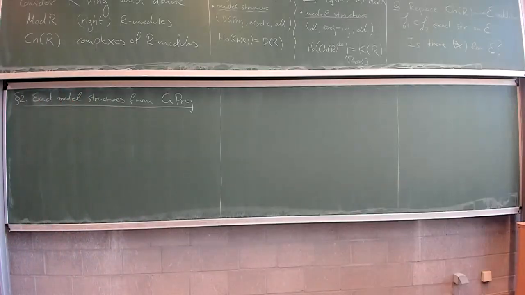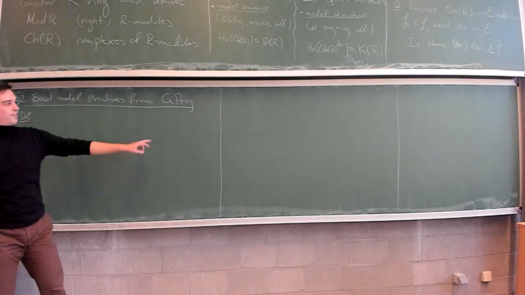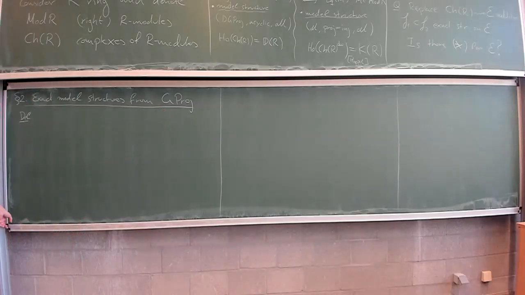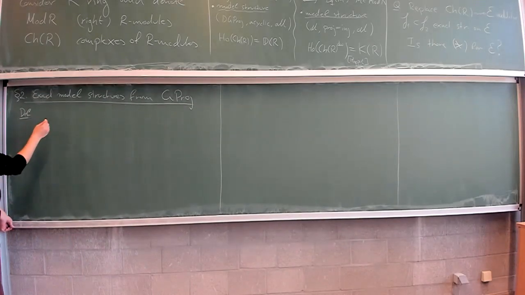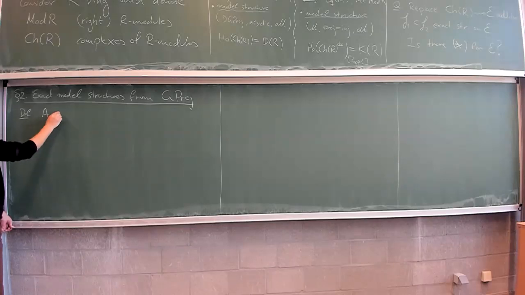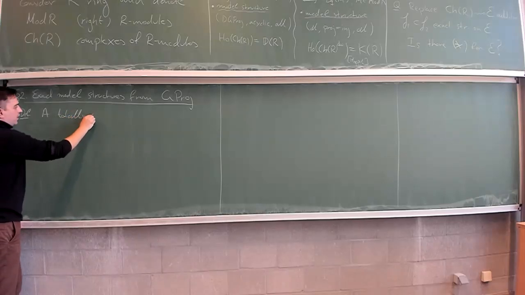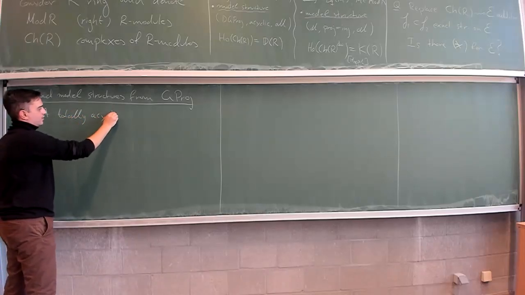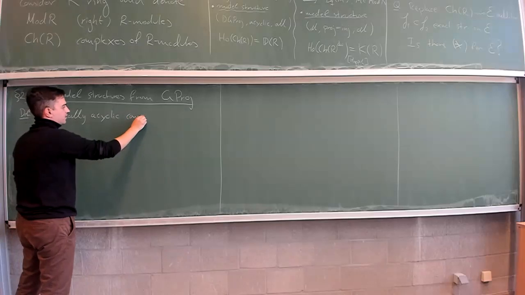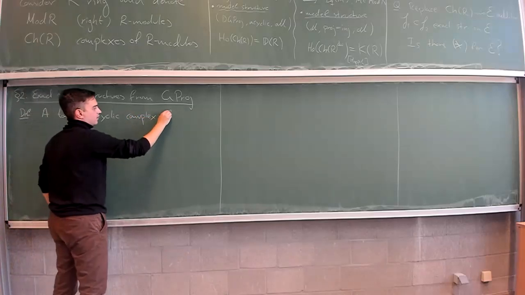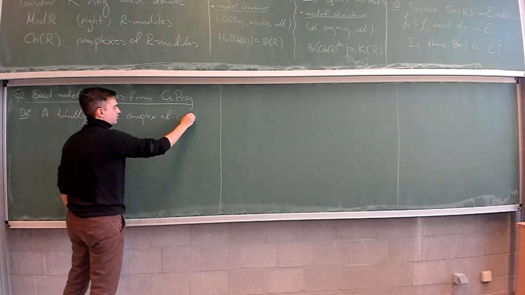Okay, a lot of unfamiliar words probably. I'm going to define them slowly, one by one. And I'm going to start from the last one: what is a Gorenstein projective object. I'm going to call it a totally acyclic complex of projectives.